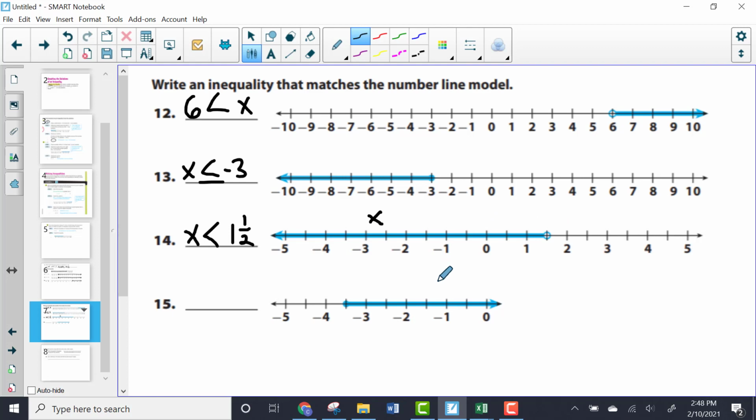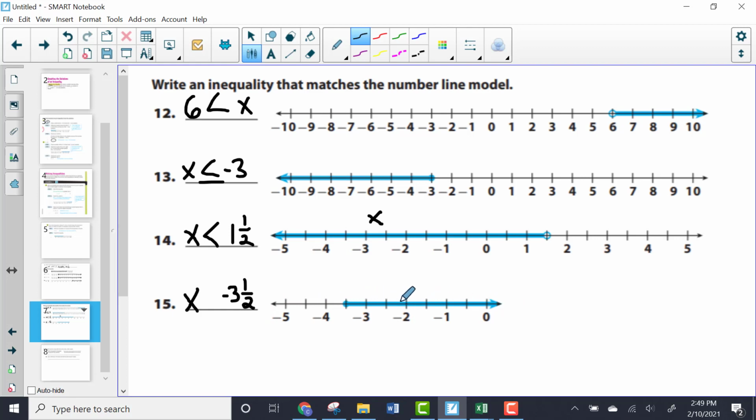Finally, looking at the final one, number 15, again, we're going to have x, and then we have 3.5. All right, so for number 15, we can see that everything to the right of 3.5 is shaded in.